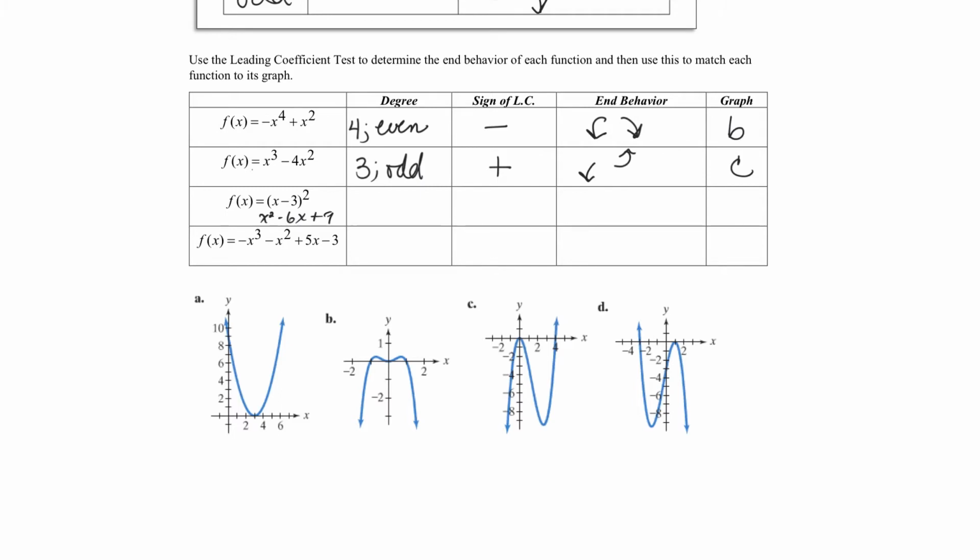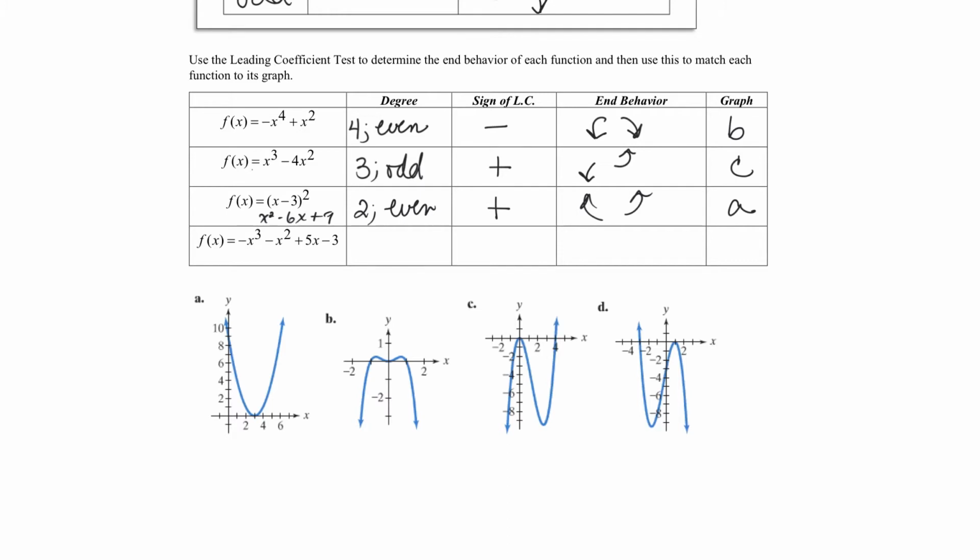I don't need to do that to know that the degree will be 2, because there's 2 linear factors in x. I'm going to end up with an x squared. So the degree is 2, which is even. The leading coefficient is positive, so it's going to rise left and right like my parent quadratic. And so, in fact, it's my parent quadratic that's been shifted to the right 3 units, right here, graph A.